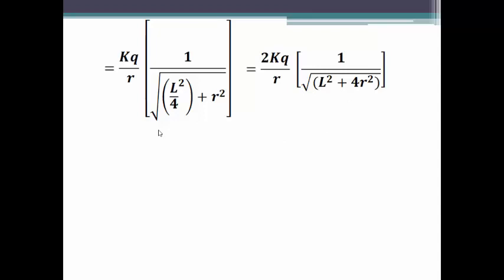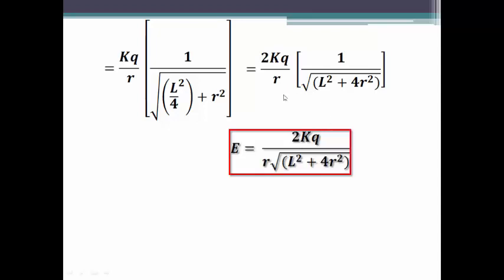So your final expression for the electric field at a point r from a rod is given by E equals 2kq upon r into square root of L square plus 4r square. Now after every derivation we have to cross verify whether the final expression is correct or not.